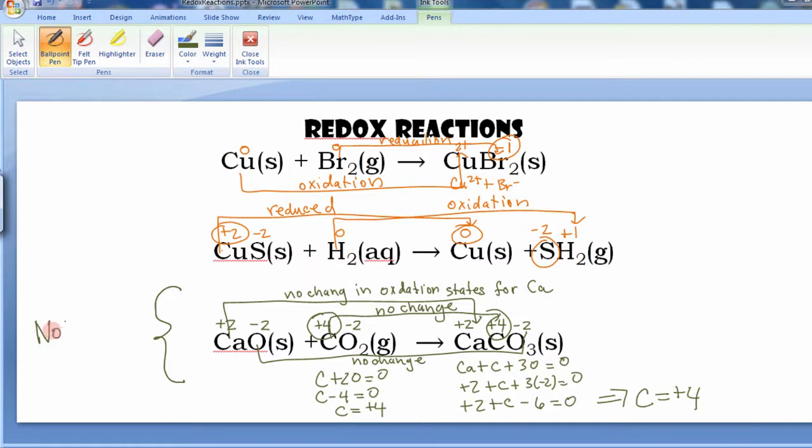Not a redox reaction. This is not a redox reaction. Okay?